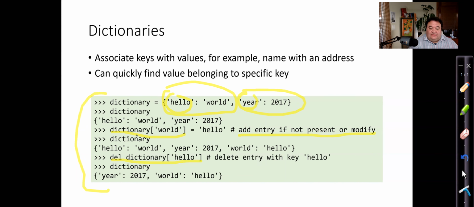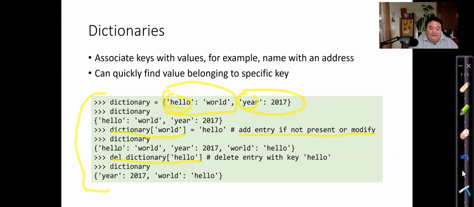So notice that, for example, here I do dictionary world assign hello. The key hello has value world, so that does not matter. This looks for an element of key world and then assigns value hello, and then this gets added to the dictionary. If that was already existing, it will replace the value.